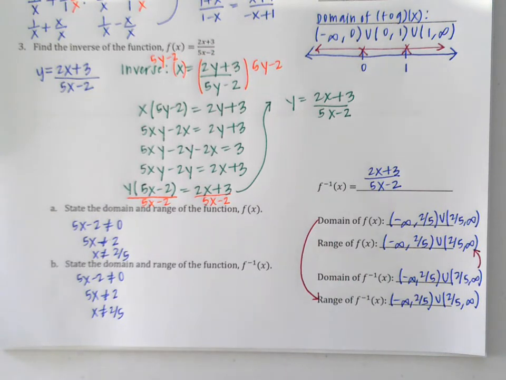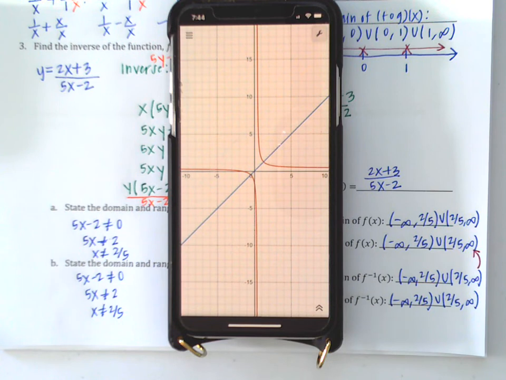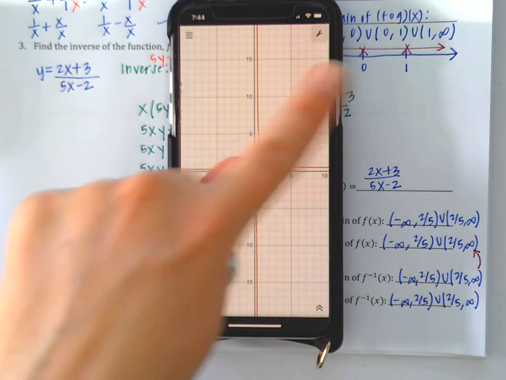Remember, the inverse of a function is when it's reflected over the line y equals x. I'm typing it into Desmos. So what actually happens, and I'm going to type in the line y equals x, is the graph is already reflective on the line y equals x.